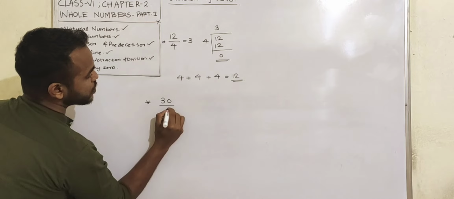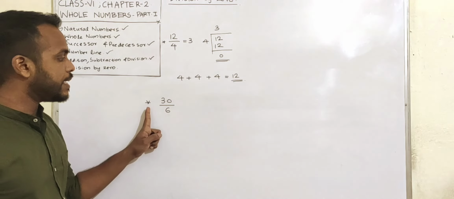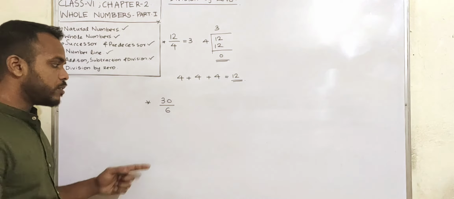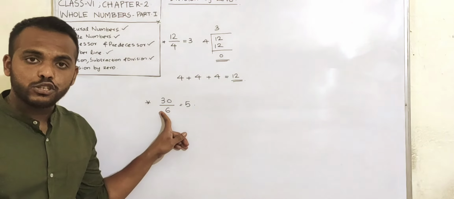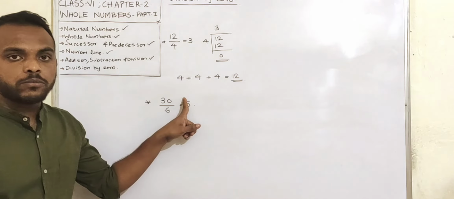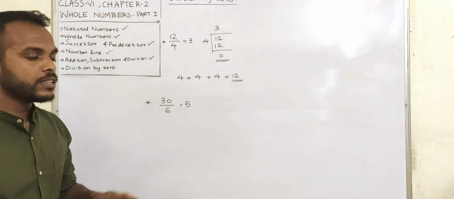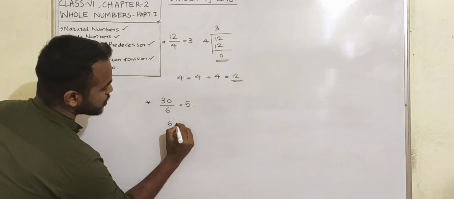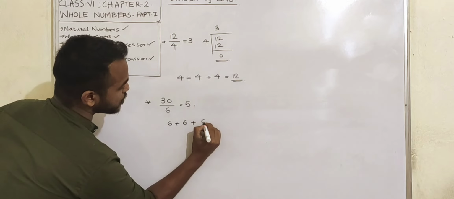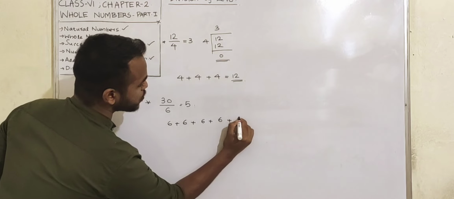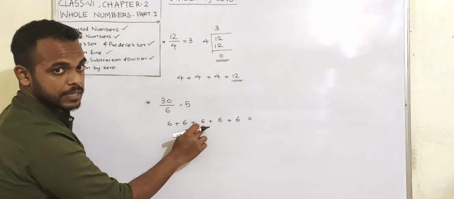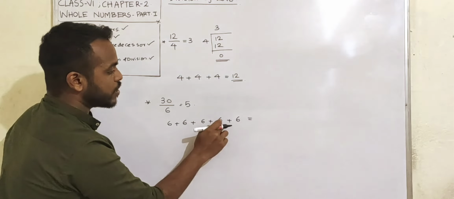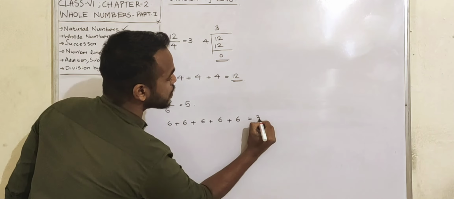Let's see another one. 30 divided by 6. You know the answer is 5. That is, 6 should be added 5 times to get 30. Let's see. 6 plus 6 plus 6 plus 6 plus 6. 6 plus 6 is 12. 12 plus 6 is 18. 18 plus 6 is 24. 24 plus 6 is 30.